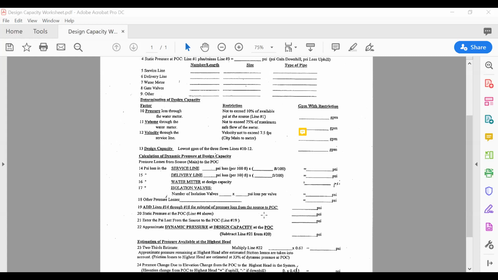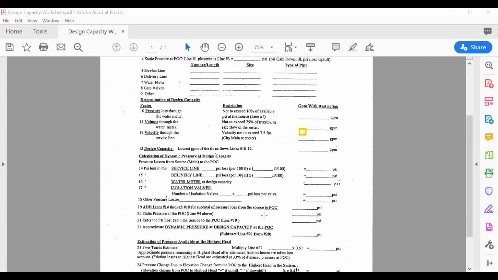So our line 20 is going to be static pressure. Line number 4 was our static pressure at our POC.